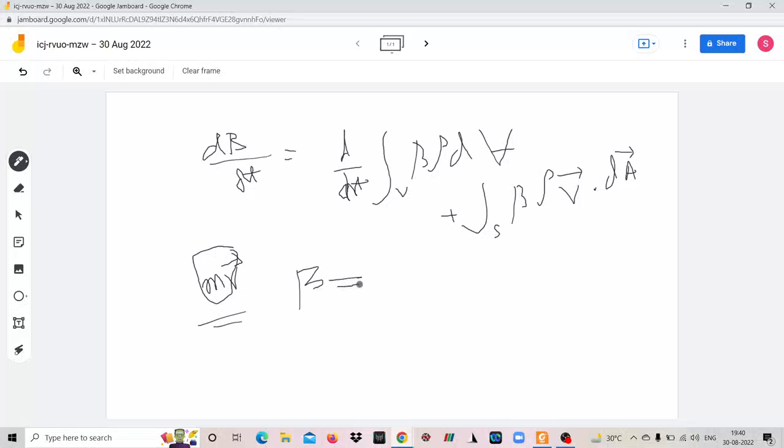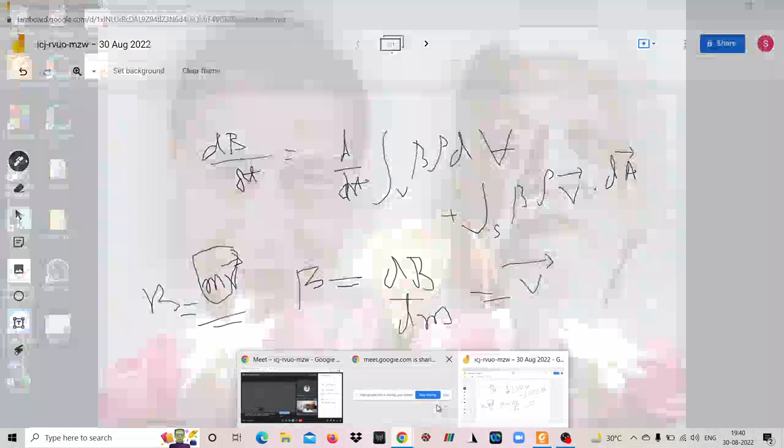Beta is dB/dm. So B is the linear momentum m times V, and beta is dB/dm, which will be V. So simply if you replace B with mV and beta with V, you will get the conservation of linear momentum. Fine, that is the first part.